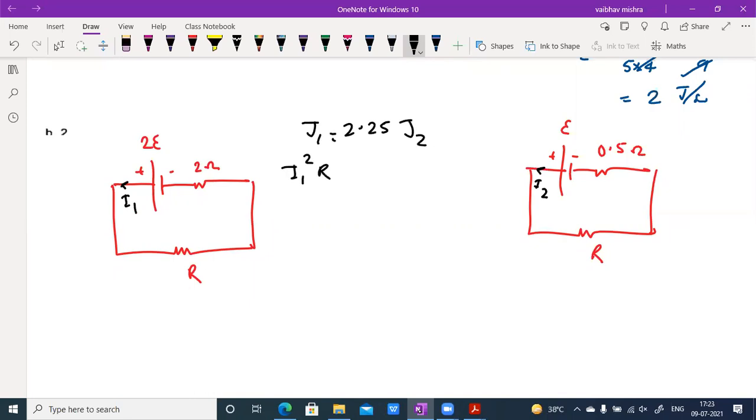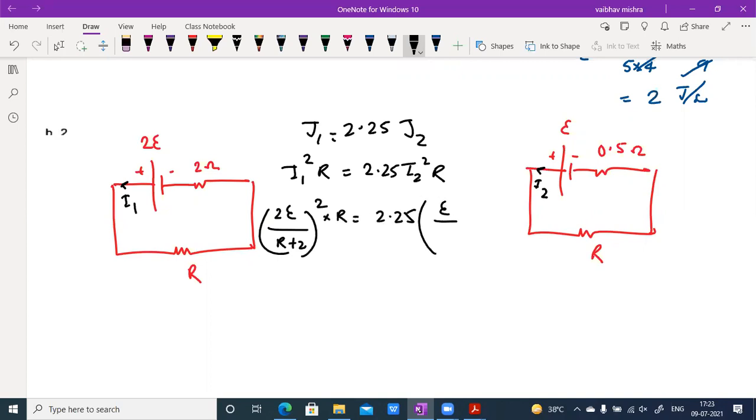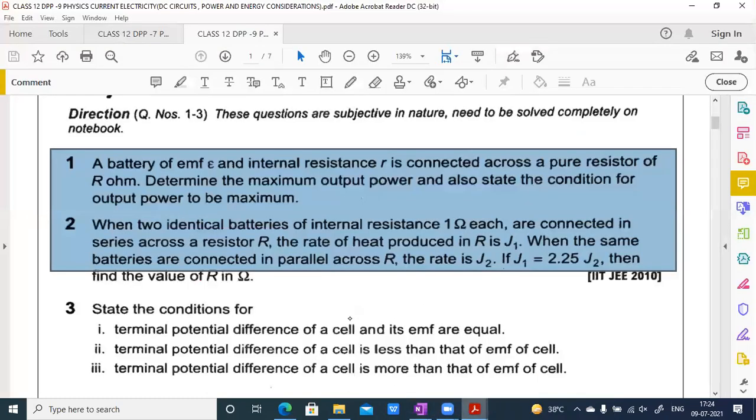It is I1 square R is equal to 2.25 times I2 square R. Current होता है EMF divided by total resistance: 2E divided by R plus 2, squared, into R, equals 2.25 times E divided by R plus 0.5, squared, times R. Solve this and find the value of R. It should be probably 0.5. I think we did this last class also. Easy question. Question number 2.